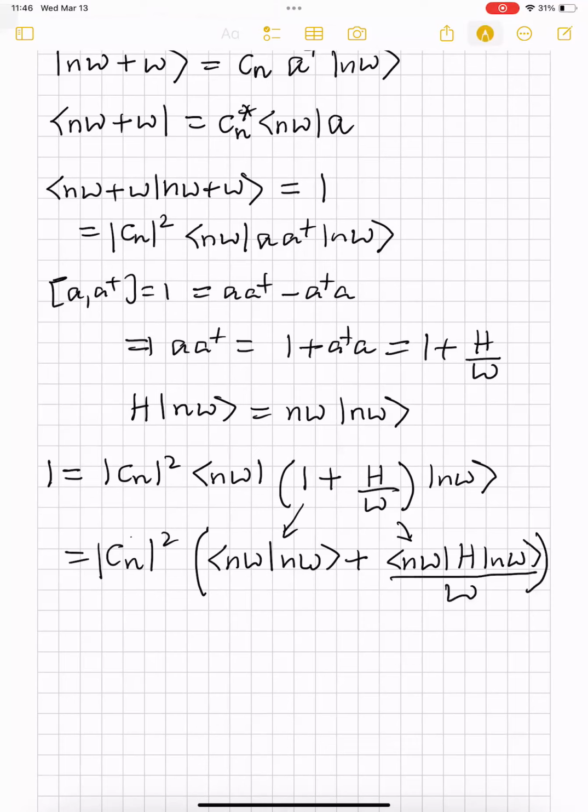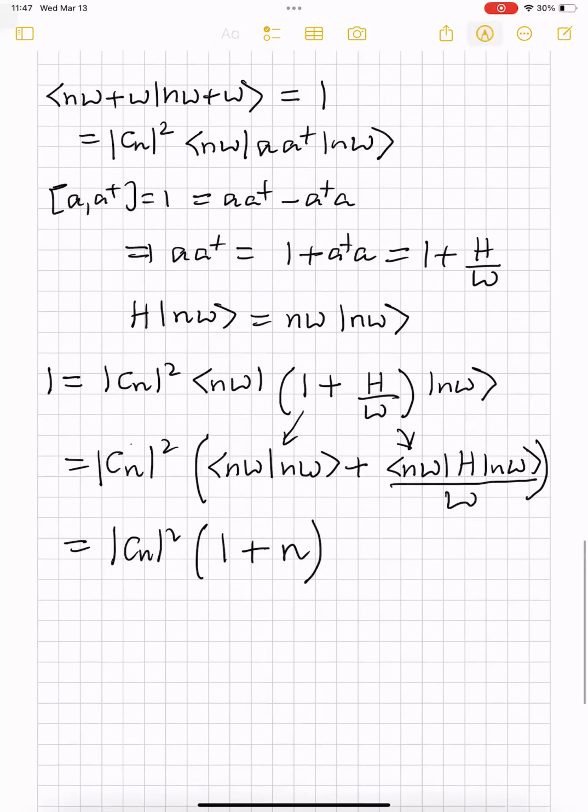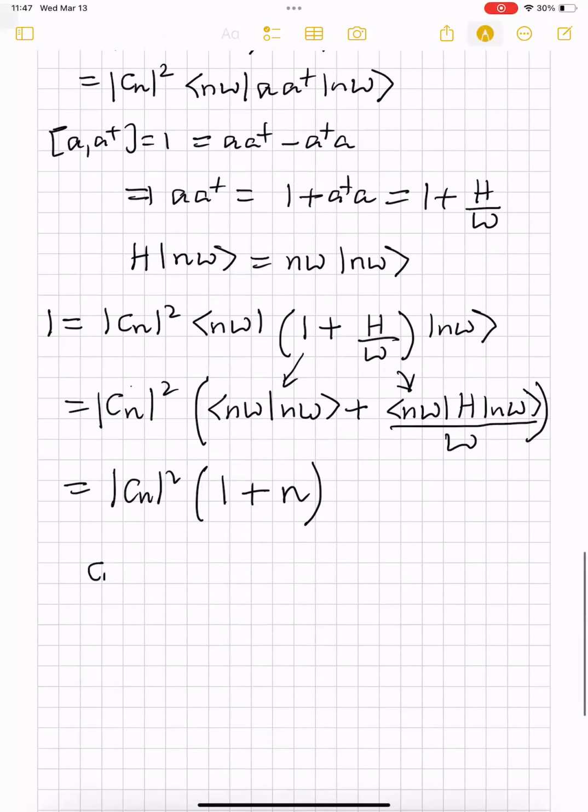That's coming from the H. This is the mod of Cn squared into 1, because n omega is a normalized state, plus, then H on n omega is just going to give me n omega, divided by omega is n, and because the state is normalized, that's it. So this tells me what Cn is. So Cn is 1 over the square root of 1 plus n.